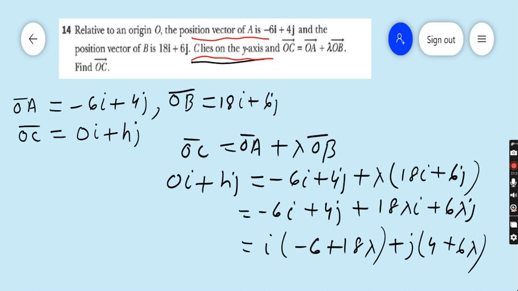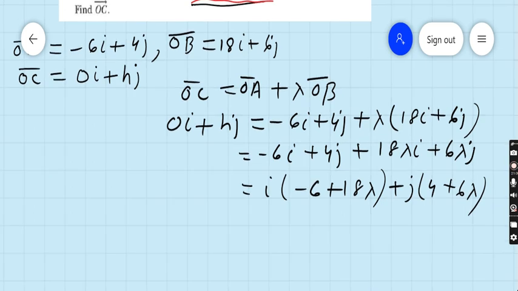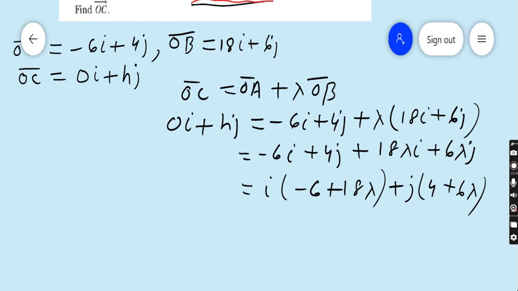Now it's time to compare the coefficients. On left hand side the coefficient of i is 0 and on right hand side the coefficient of i is minus 6 plus 18 lambda.